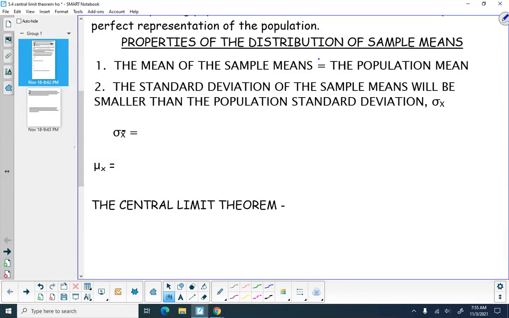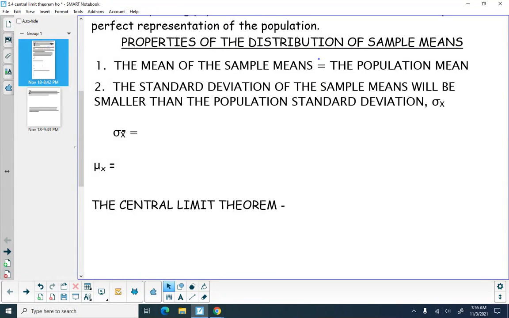What the central limit theorem will do is change the way we calculate our z-value. Everything else is going to be the same. The formula for the z-value changes a little bit.